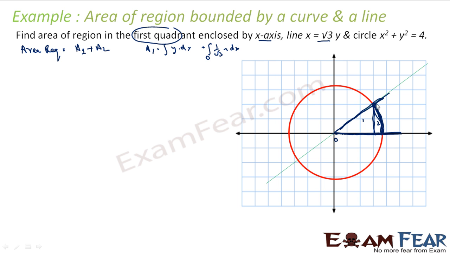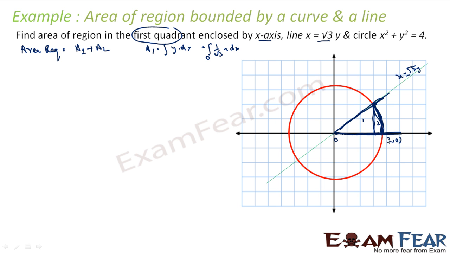So this point is nothing but the intersection of this line, that is x is equal to root 3 y, and this circle, right? This point you can find, the x coordinate is the same in these 2 points. So I can find this x coordinate because this is critical for me now. And what is the value of this x coordinate? 2. Why?